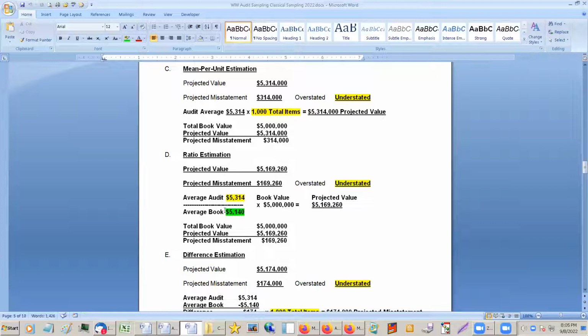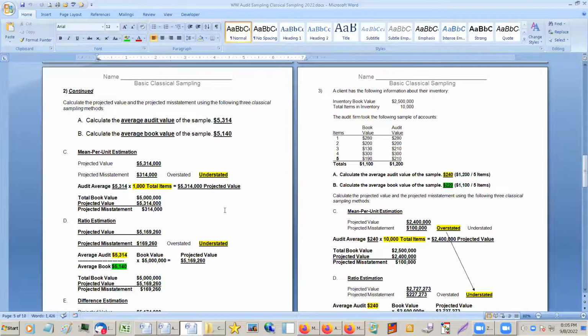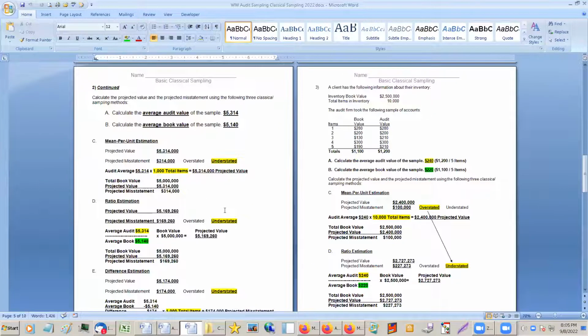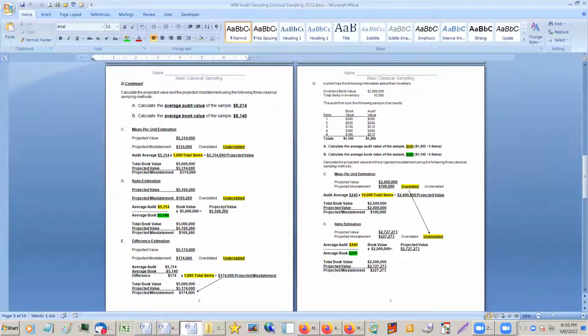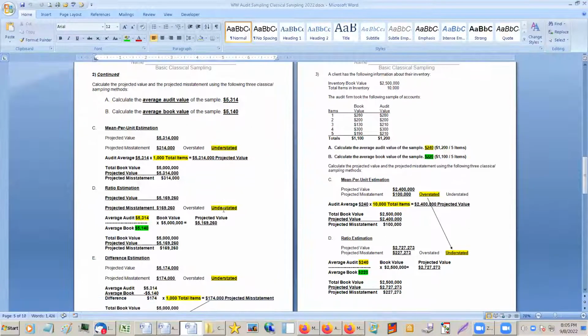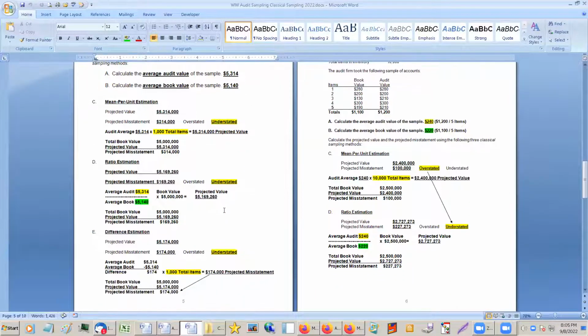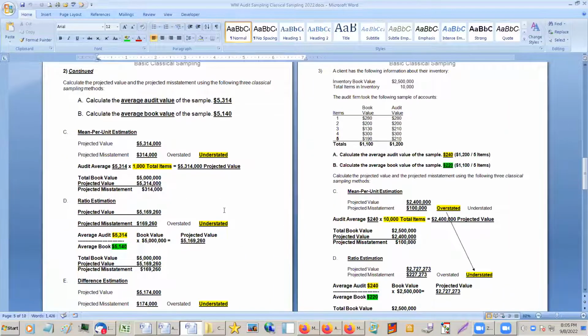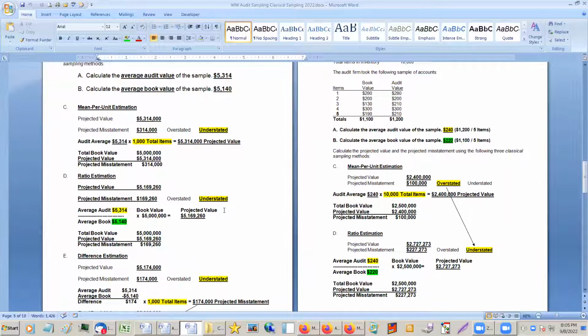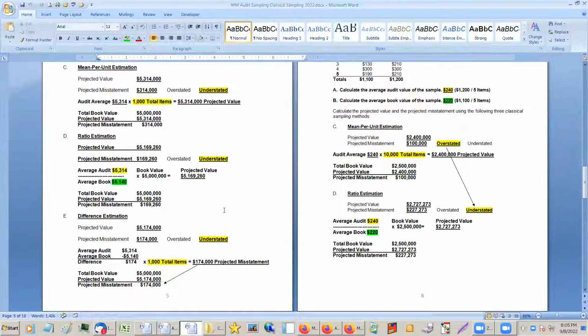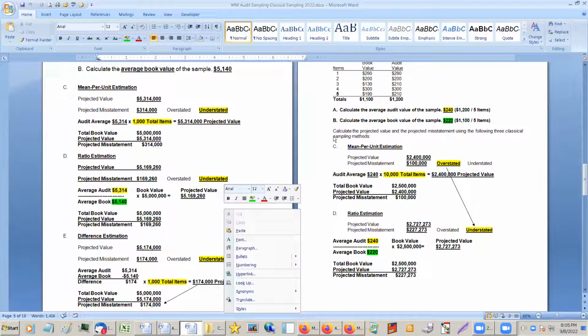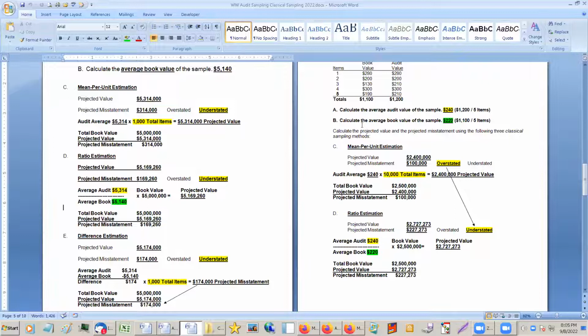So this is. Oh, two of them are the same thing. Why does this look funny? It doesn't look right.